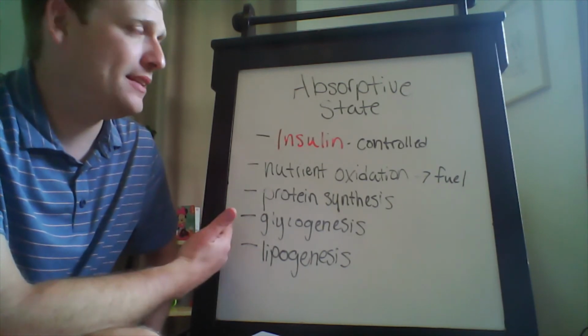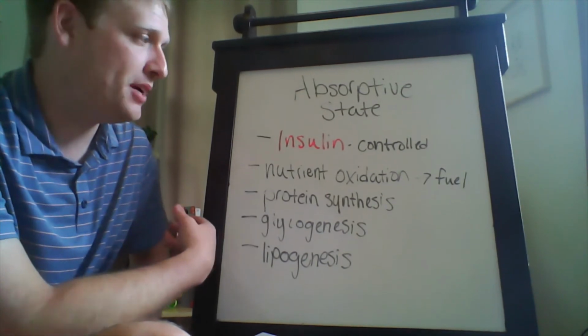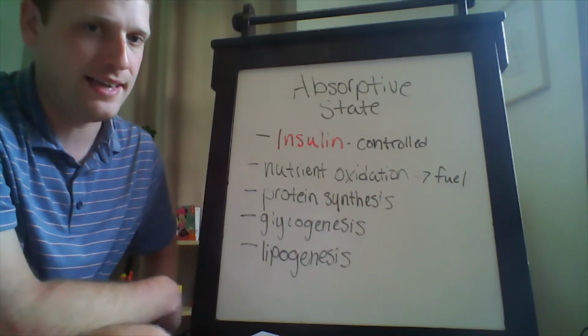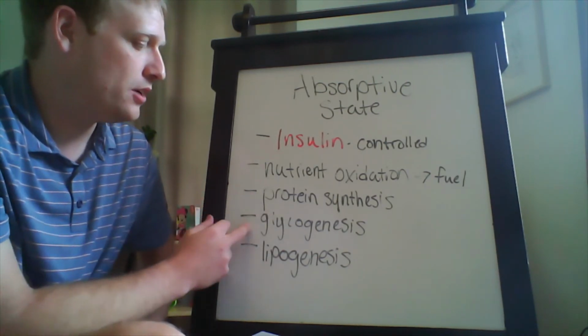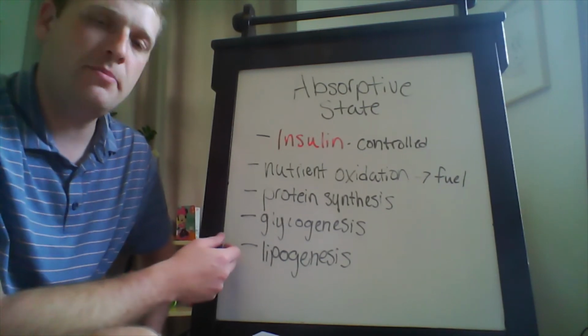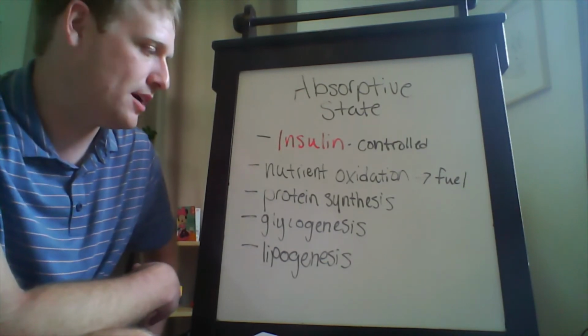So what's happening in the absorptive state is those nutrients that you take in from your meal are going to be oxidized to produce ATP or fuel the cells. But you've also got an excess of protein, glucose, and lipids probably from this meal. So you're going to be doing things like protein synthesis to build up the structure of your cells.